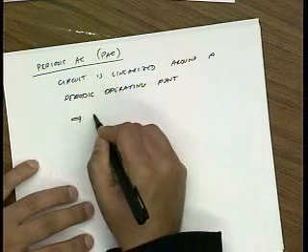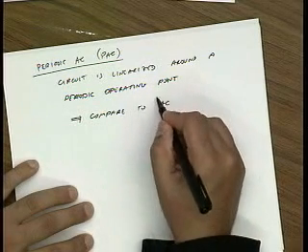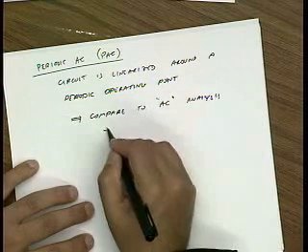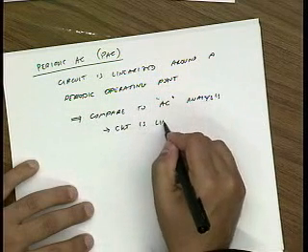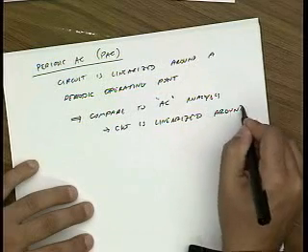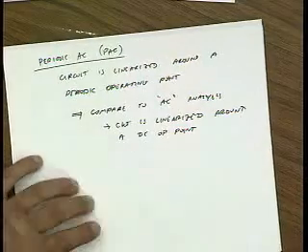Compare it to regular AC: in AC, the circuit is linearized around a DC operating point. Okay?